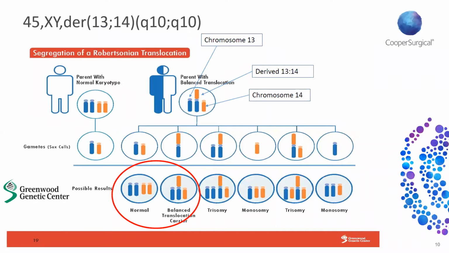So if we're using this example here, this karyotype, 45, XY, tells me this is a man that has the balanced Robertsonian translocation. DER is derivative between chromosomes 13 and 14. That's the most common Robertsonian translocation. And this is at position Q10, at the beginning of the long arm, for each of 13 and 14.